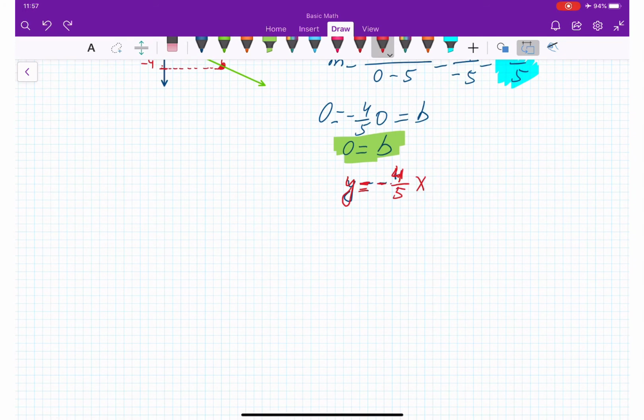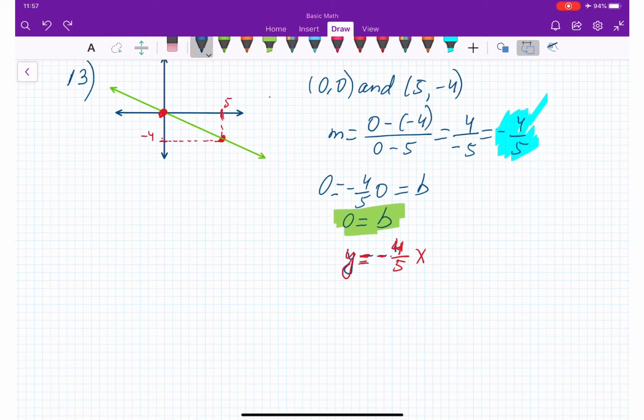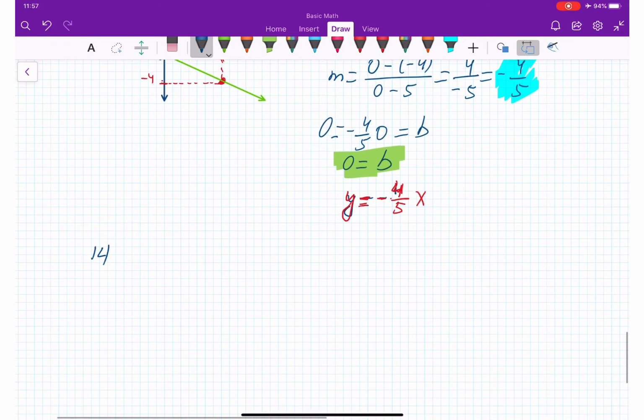So the graph is given, not graph, this time is given slope-intercept form. So what is that? Y is equal negative 4 over 5x minus 2.